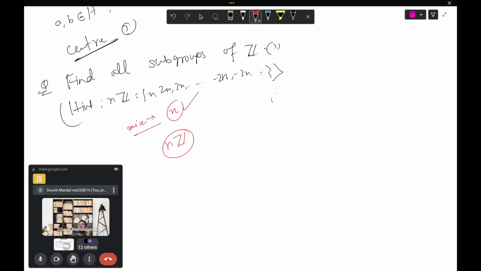Okay, so Z has a division algorithm. If we divide any element by n, and there exists an element which is not divisible by n, then that contradicts the minimality of n. Right, correct. Very good.